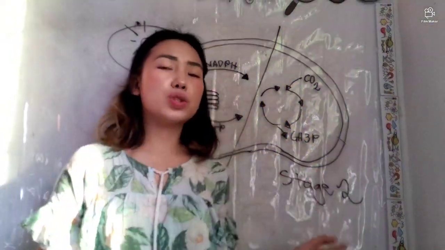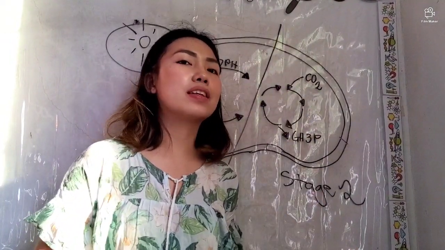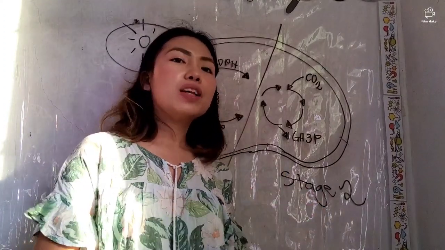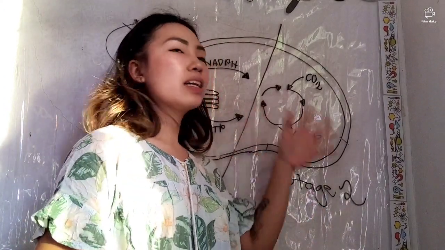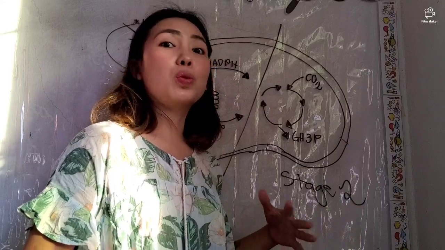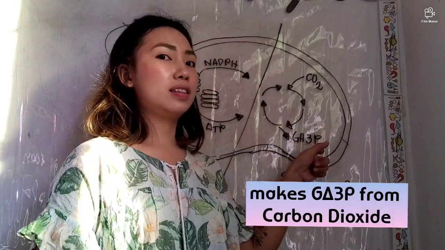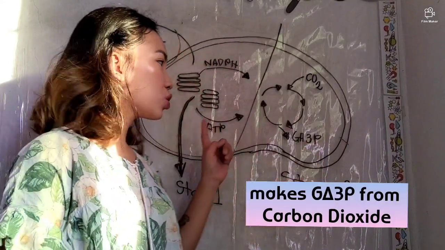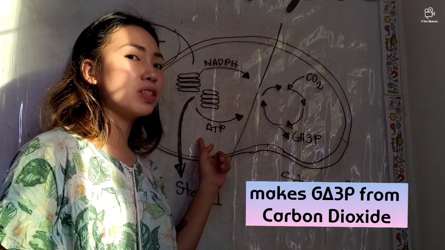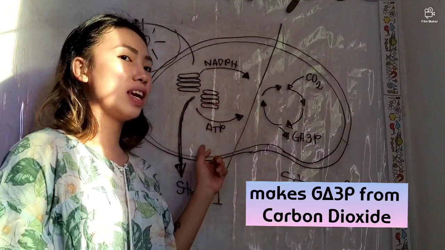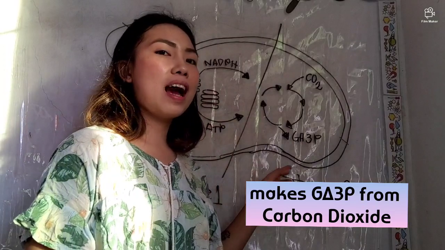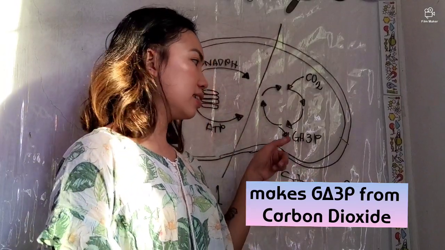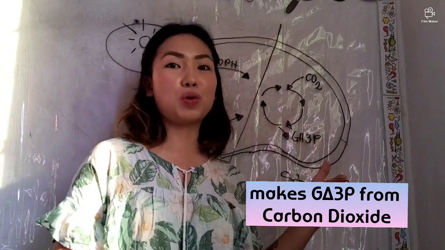At the end of the cyclic process, it should be able to make G3P. Kung sa stage 1 natin, ang kailangan nilang ma-produce at the end is NADPH and ATP, sa stage 2, ang kailangan nilang ma-produce at the end is the G3P or the glucose or carbohydrates.